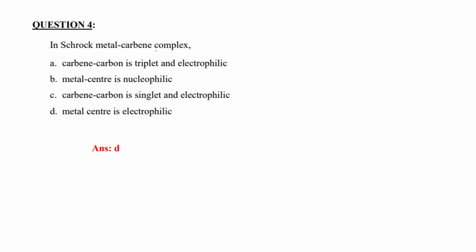Next: for Fischer metal carbene complexes, which is the correct statement regarding this? This kind of carbene is triplet and electrophilic, metal center is nucleophilic. Here the metal center is actually electrophilic, because high oxidation state metals are used, from platinum and this kind of high-oxidation-state metal.